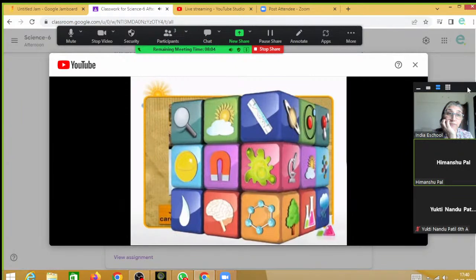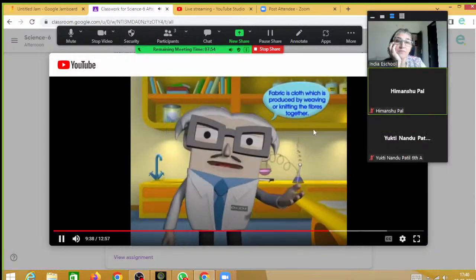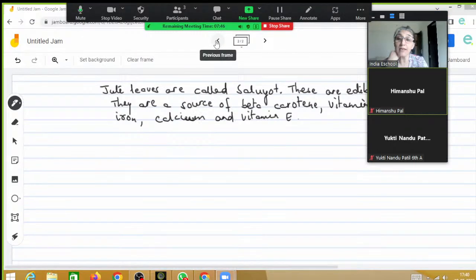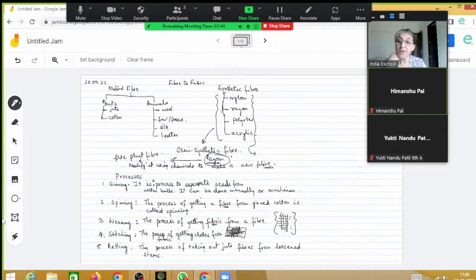What's fabric, Professor? Oh yes, fabric is cloth which is produced by weaving or knitting the fibers together. So which fibers do we knit? वो भी लिखना है, एक प्रोसेस हम भूल गए, knitting जो आप बोल रहे थे. Number 6 हम बोलेंगे knitting. Knitting में क्या होता है?